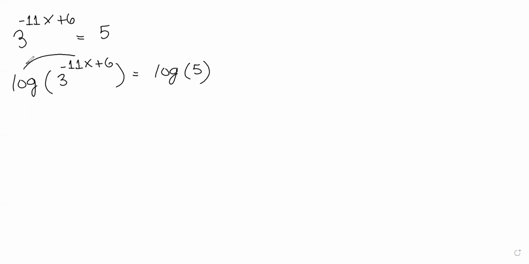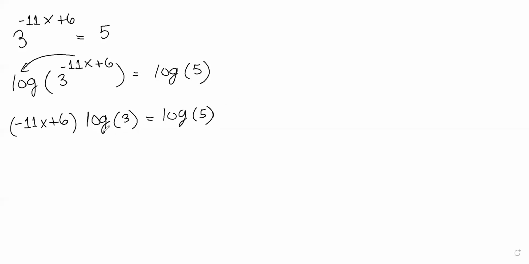So there's a property of logarithms where exponentiation becomes multiplication. So now my exponent is multiplied out in front. This allows me to solve for it.